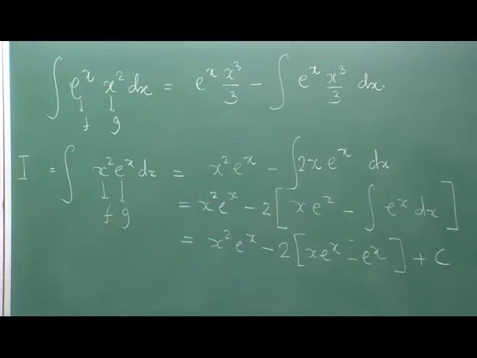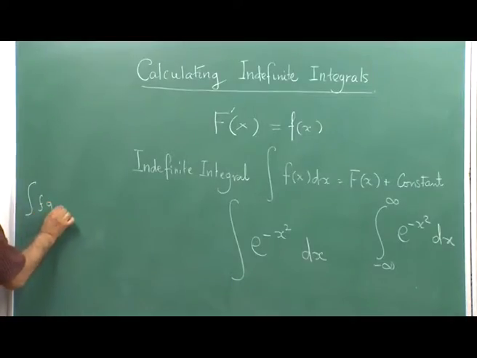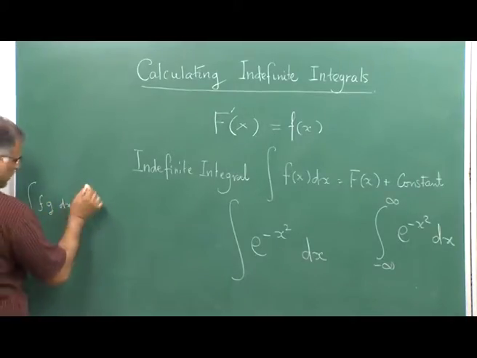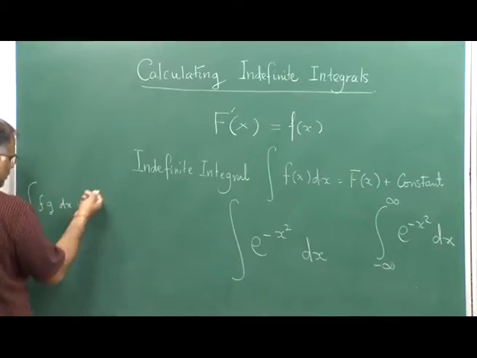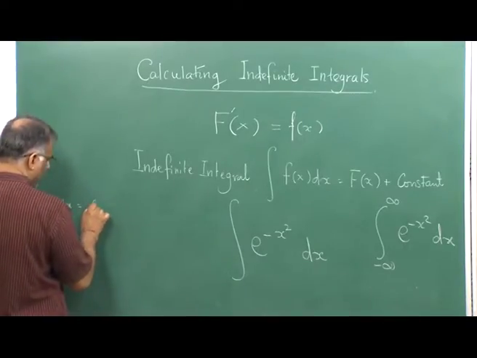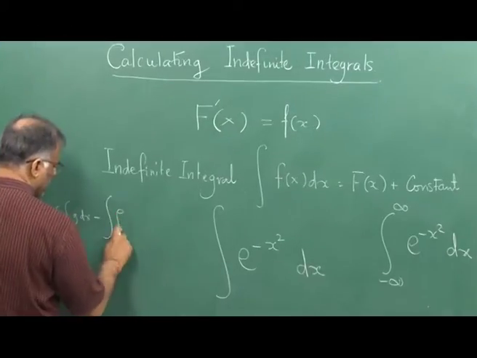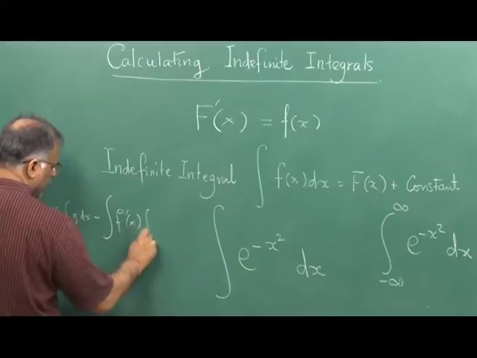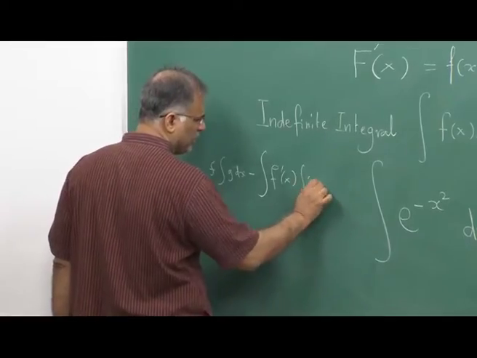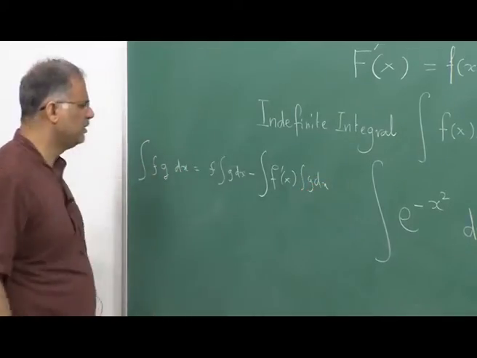So, if you want to write it down somewhere, let me write it down, integral f g dx. I am just writing in code, not writing f(x) g(x), you can understand. So, f into integral g dx minus f dash x into integral g dx. So, this is the formula.